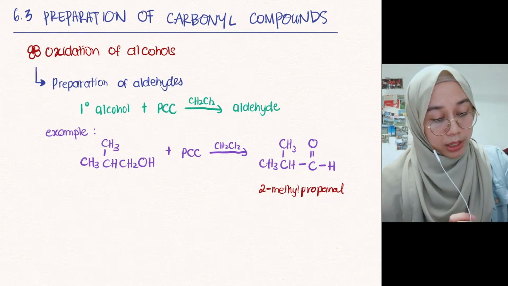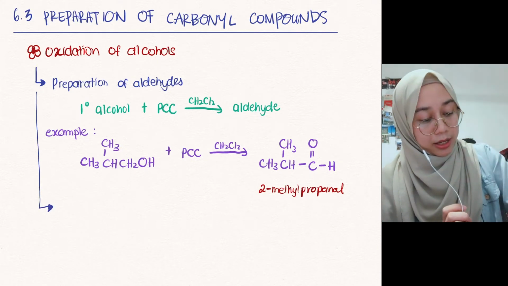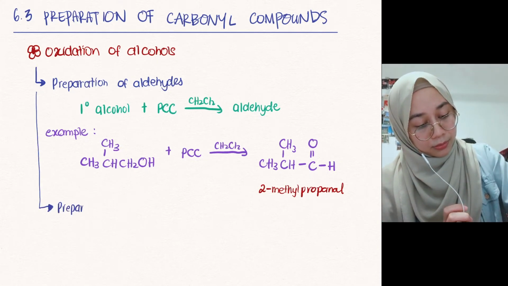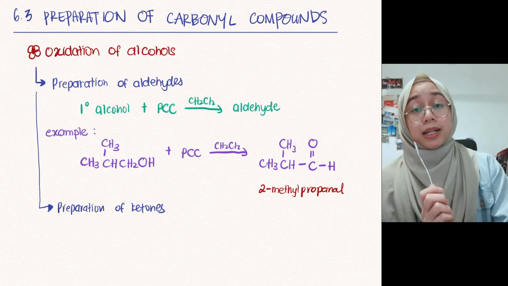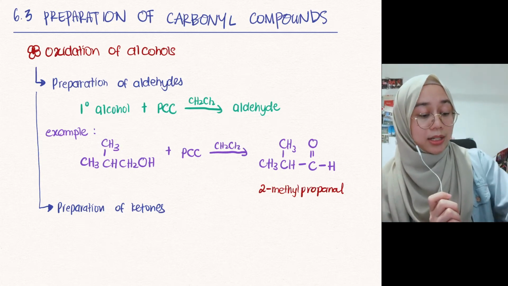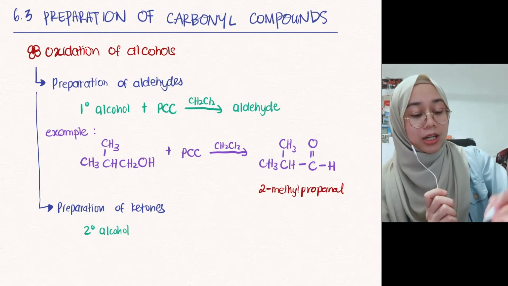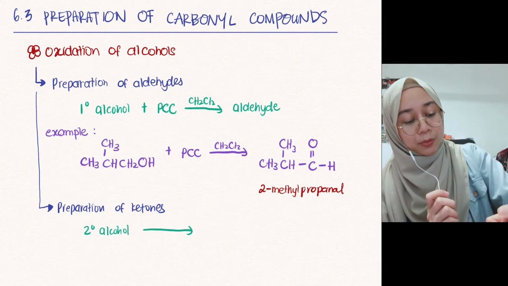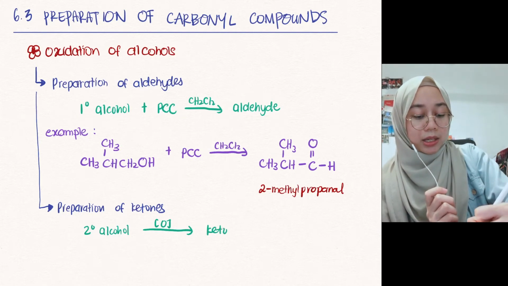So let's have a look dekat preparation of apa lagi ni? Keton. So untuk menghasilkan keton pula, kita akan guna secondary alcohol. Secondary alcohol, kita guna apapun jenis oxidizing agent, kamu akan dapat keton.